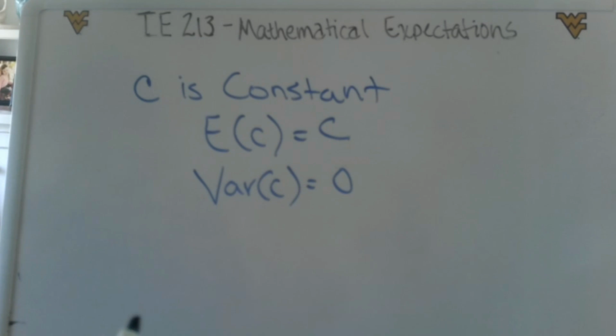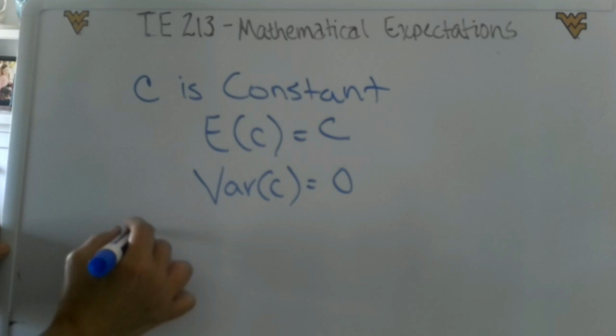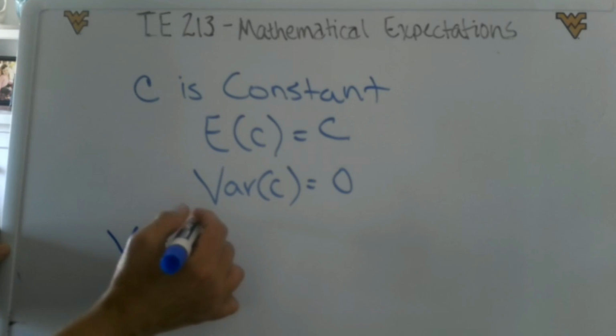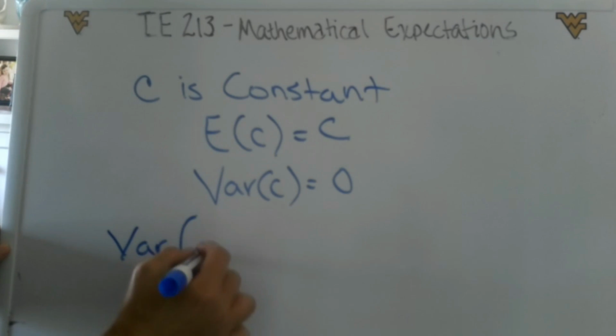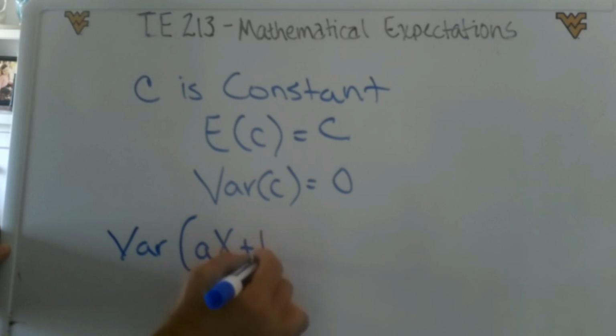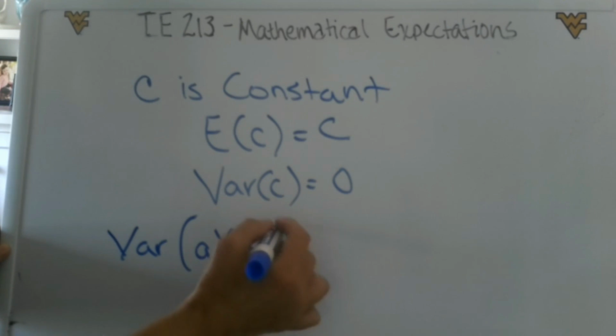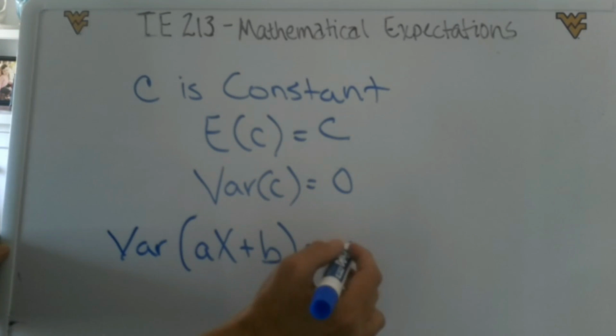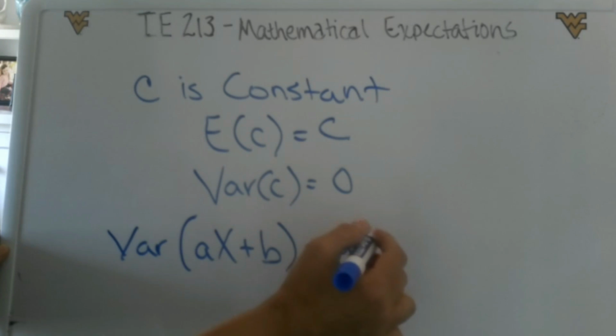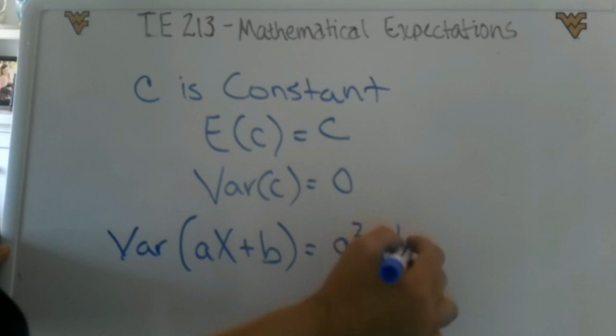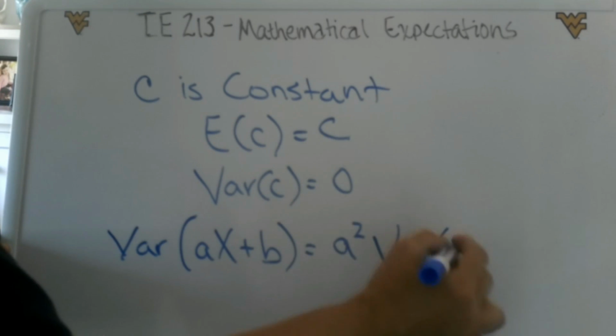And for a and b constant, the variance of ax plus b is equal to a squared times the variance of x.